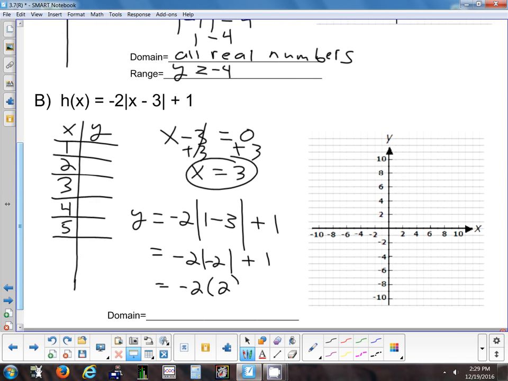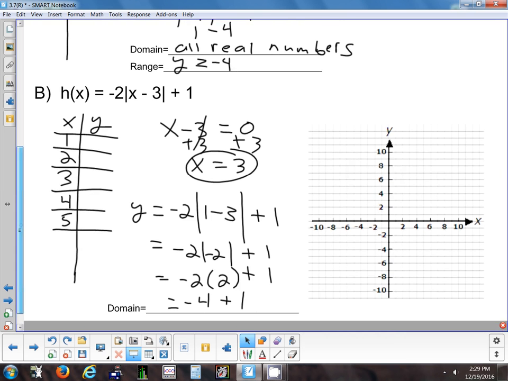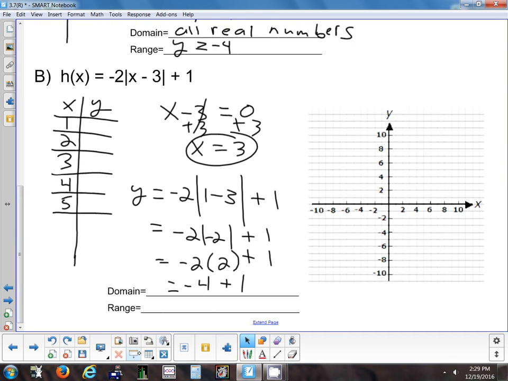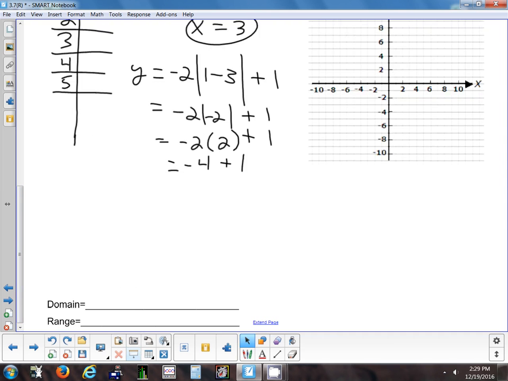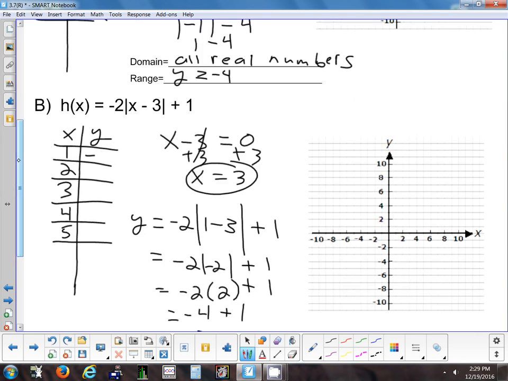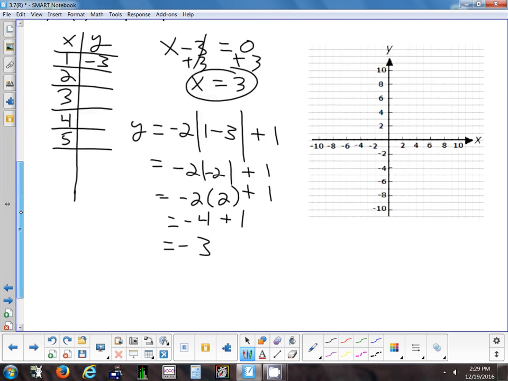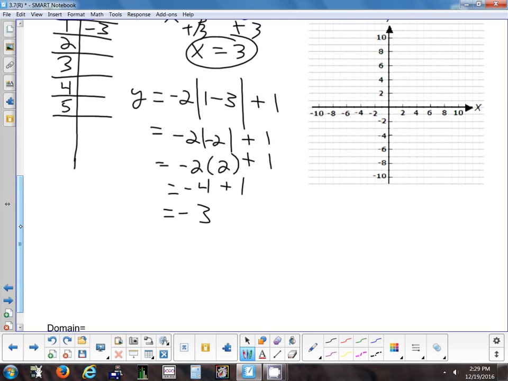So just be careful with your arithmetic. What's -2 times 2? -4. And what's -4 plus 1? -3. That's it.